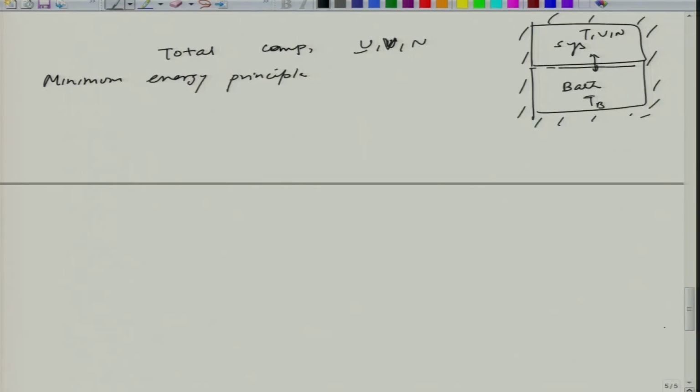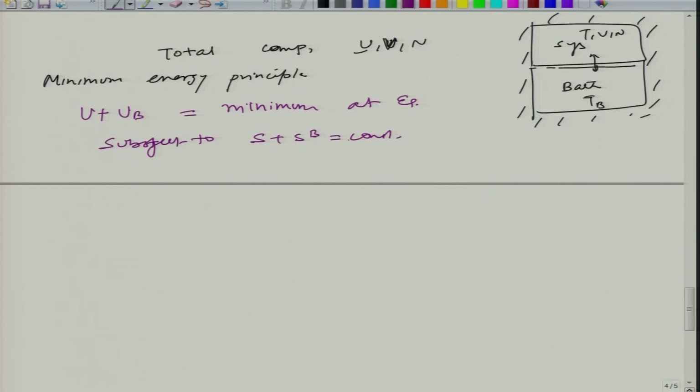So, let me start with this basic definition. Essentially U plus U_B should be minimum at equilibrium, subject to the total entropy being constant, S plus S_B equal to a constant.